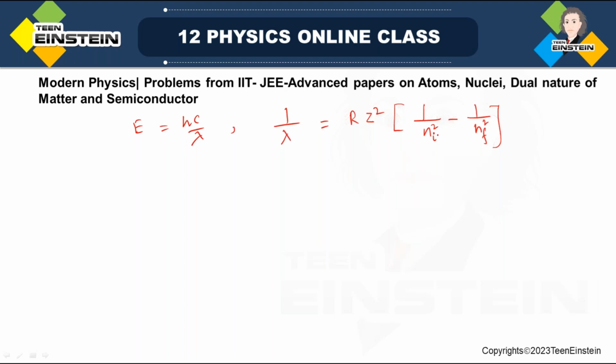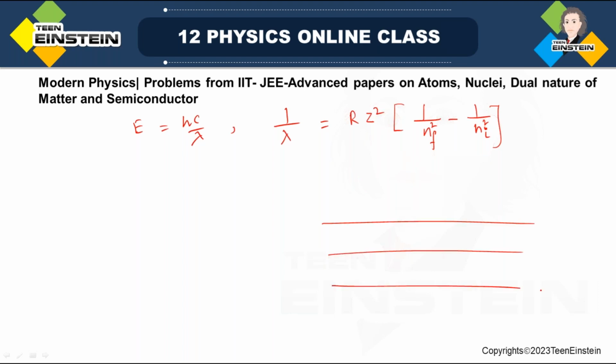I'm sorry, this will be n final square minus n initial square. So this is the formula we know for the transition of an electron, like for a hydrogen atom.